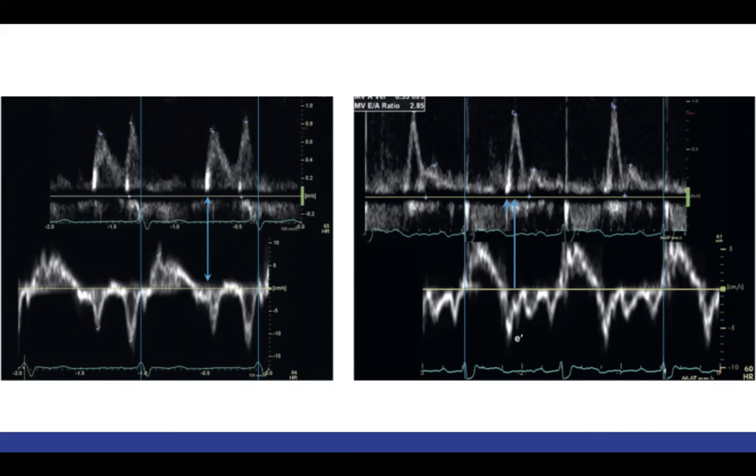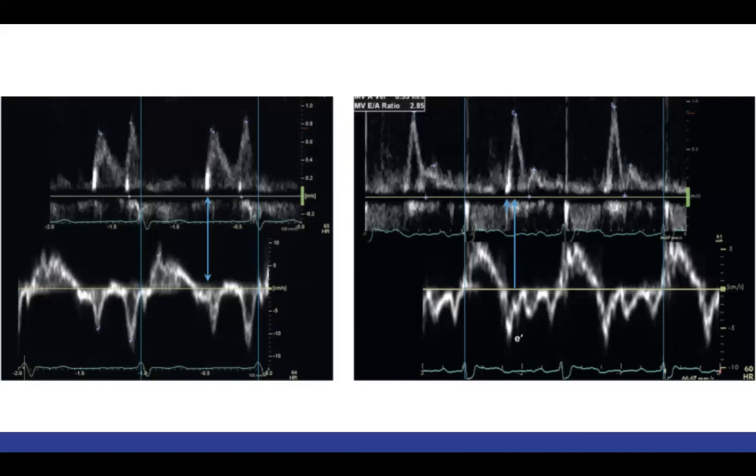Because of this, the timing of the mitral inflow velocities and the mitral annulus velocities changes.